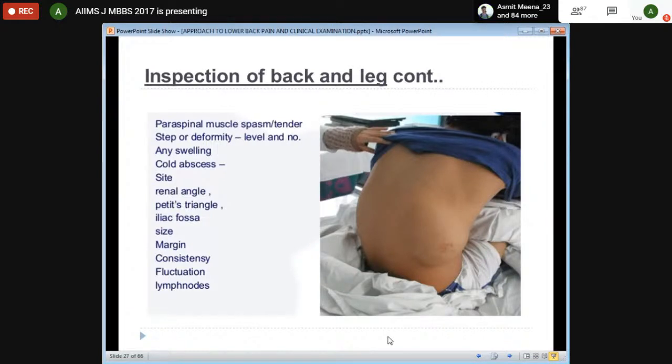And where is the site, because the patient will tell you the site. The renal angle will suggest a renal stone kind of pain, so that will again help you in differential diagnosis. Petit's triangle, iliac fossa. Depending on where the site is, you can inspect whether any deformity is present at the site. Then look for margin, consistency, fluctuation. This is all about the swelling, if it is there, as in a cold abscess.